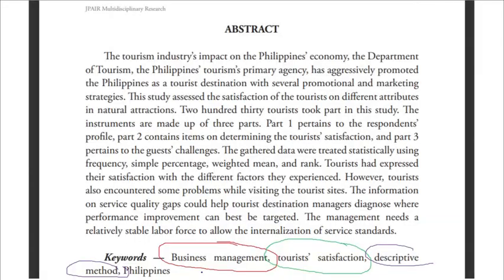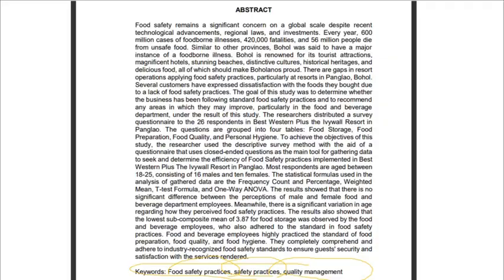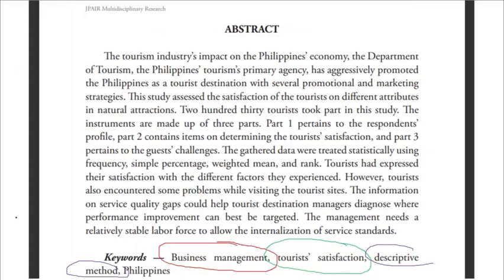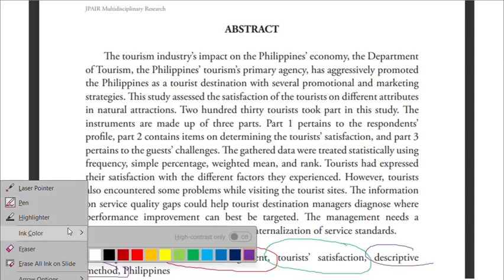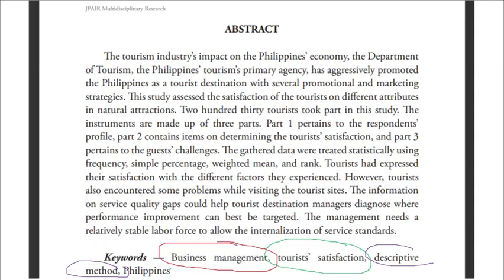Okay, so for safety, we're going to use Philippines. But in your case, you can use a specific place, you can add here the research environment. Okay, but not the name of the establishment. For example, for the establishment, you're going to use the location of that establishment. But you can also use Philippines.